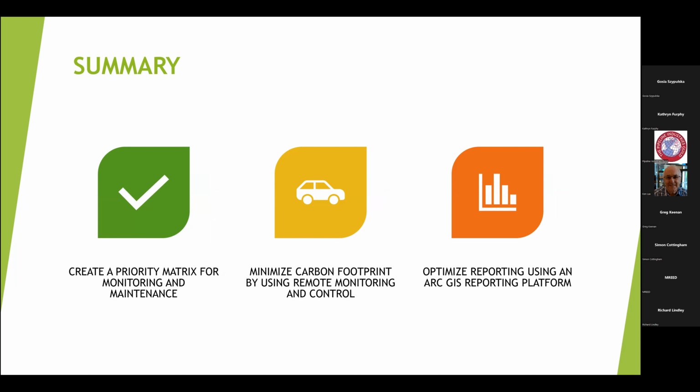So I'm conscious of the time, I've run over a little bit, but the summary, the first thing you need to do is create a priority matrix, get your house set out right, get everything sorted, minimize the carbon footprint by using remote monitoring and control, and optimize the reporting using an ArcGIS reporting platform.